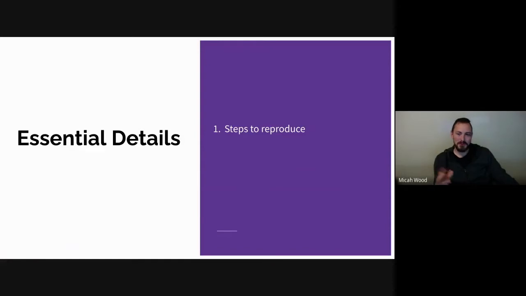So if you can do two things and get that same problem to happen, then we know it's more likely that one of those two things could be related to why it's breaking, right? Whereas if we have 15 steps, then that's not very helpful, especially if somebody has to install 13 plugins and do all this stuff to get to the same point. So if you need to get help from somebody else, you want to reduce that as much as you can.